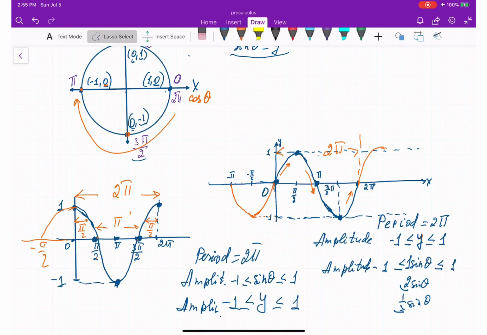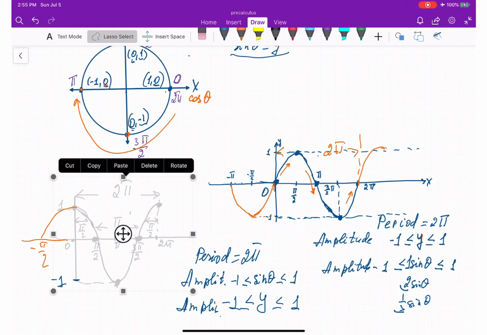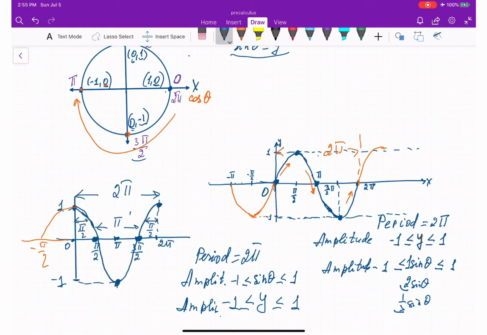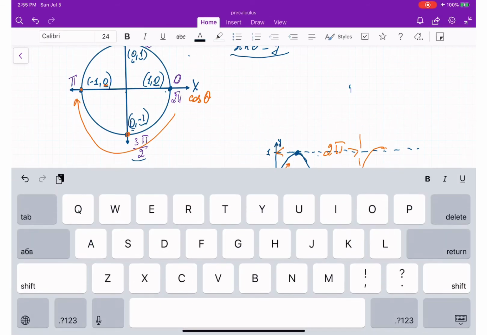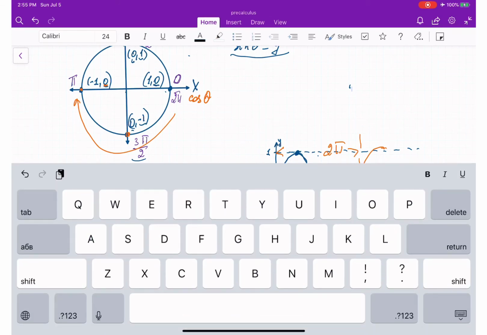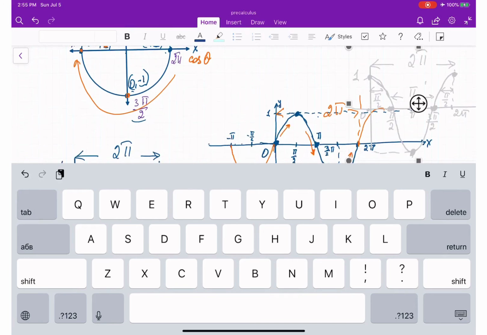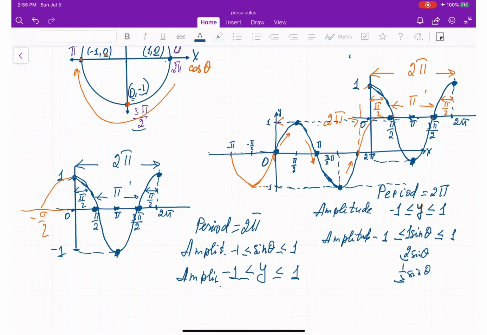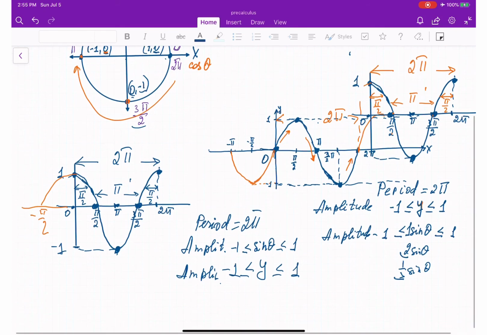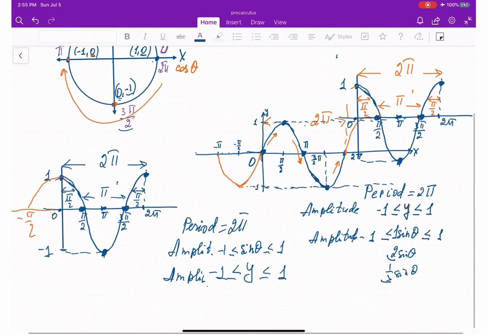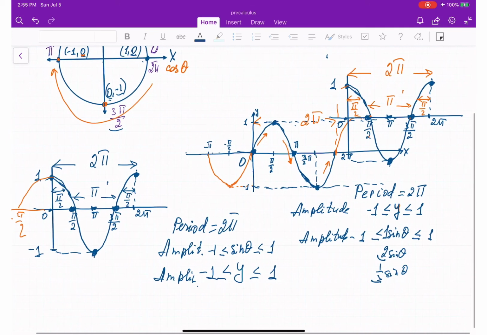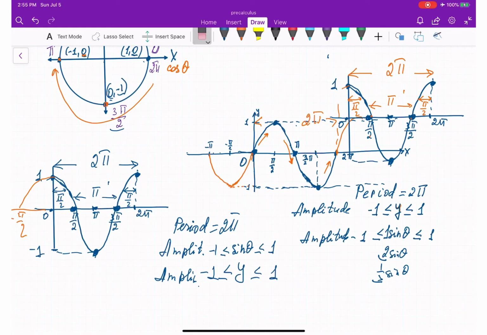One more time. Okay, I don't want it to be messy, so let me do some cleaning here.